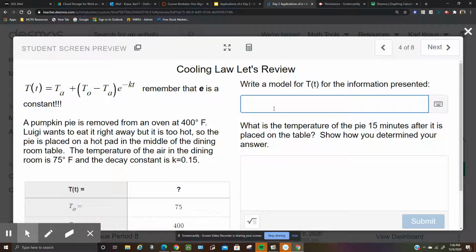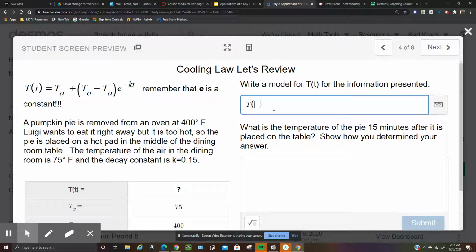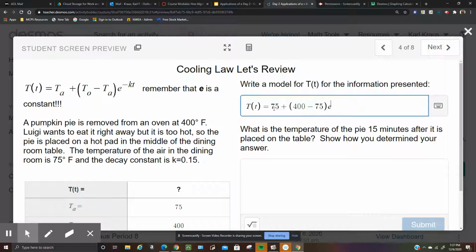Write a model. Oops, wrong temperature. The room temperature is 75 plus 400 minus 75, e exponent negative 0.15 t.